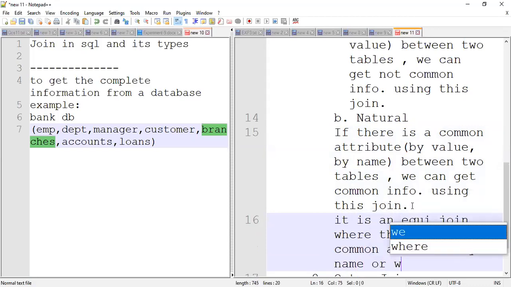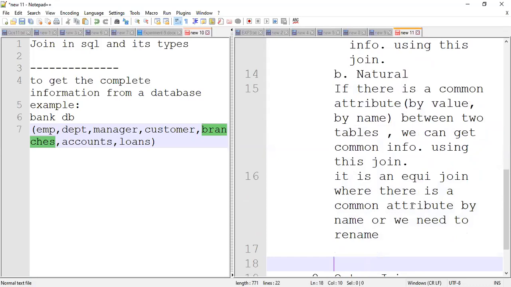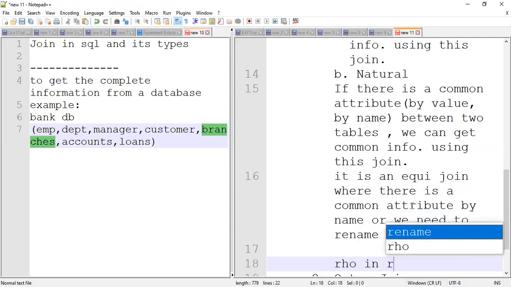Or we need to rename it. In relational algebra there is a rename operator. The rename operator is rho. Remember it, rho in relational algebra is used first to rename.